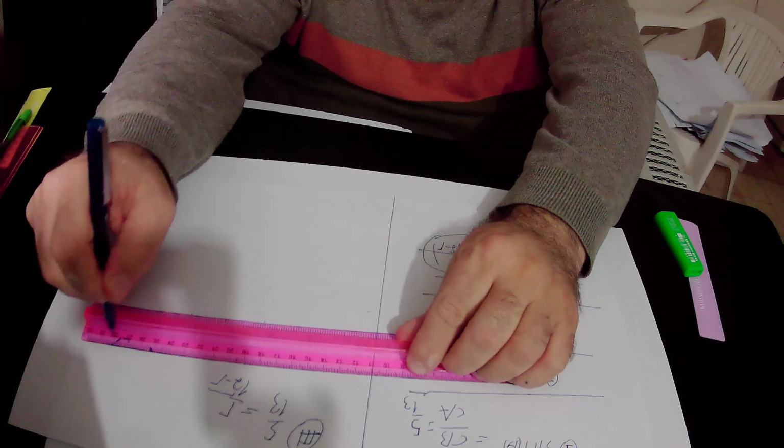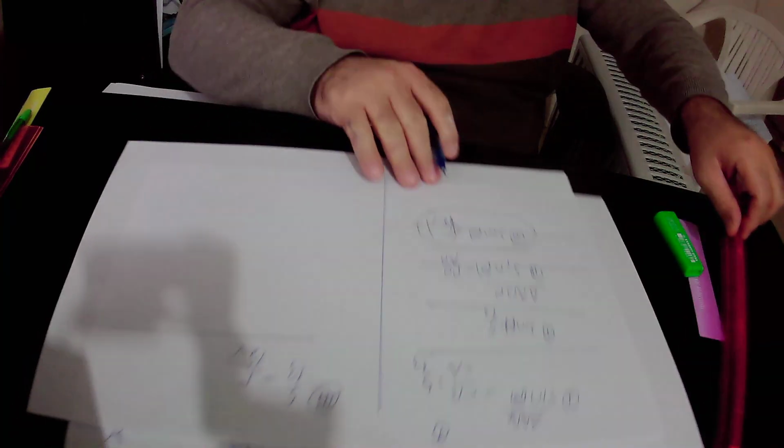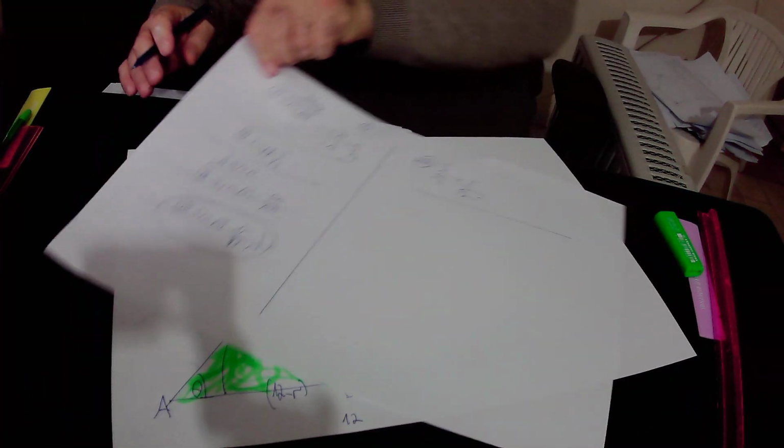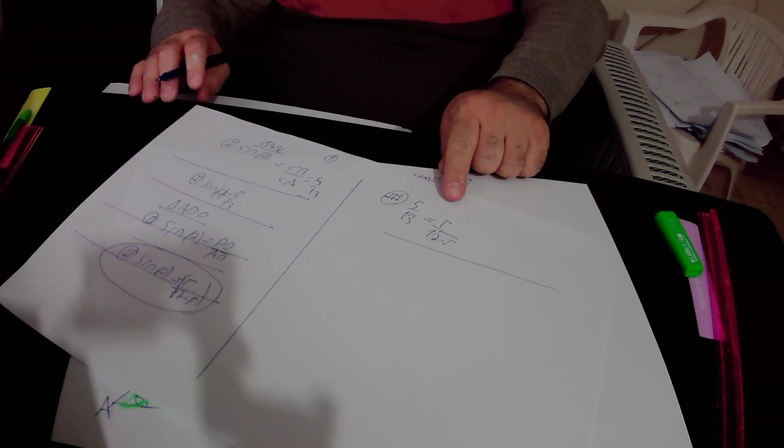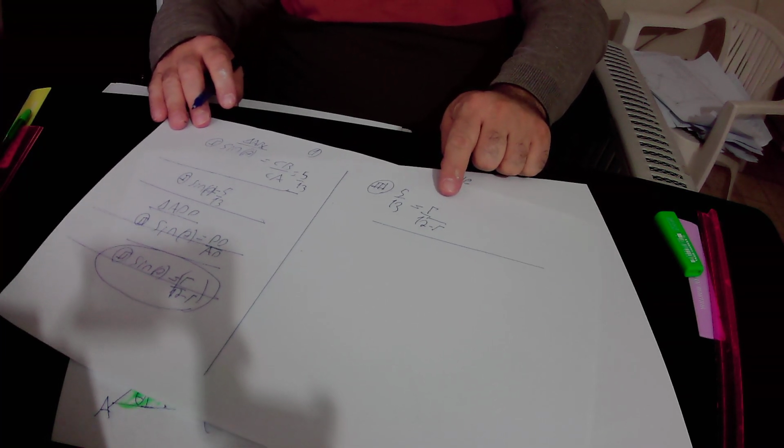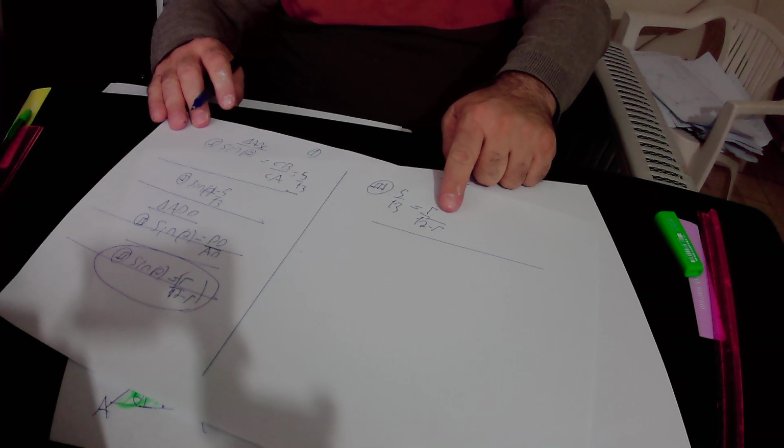Equation number 3 states that sine theta according to equation number 1, which is actually 5 over 13, must be equal to sine theta according to equation number 2, which is actually R over 12 minus R.